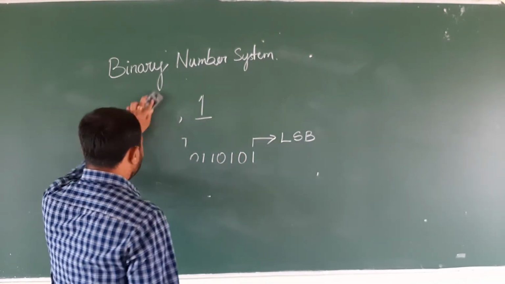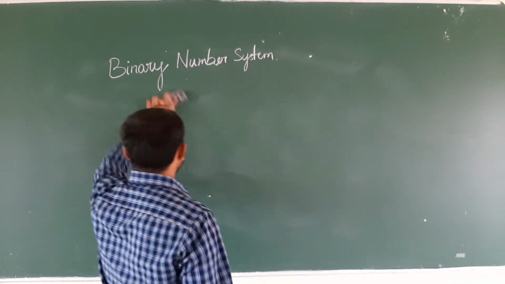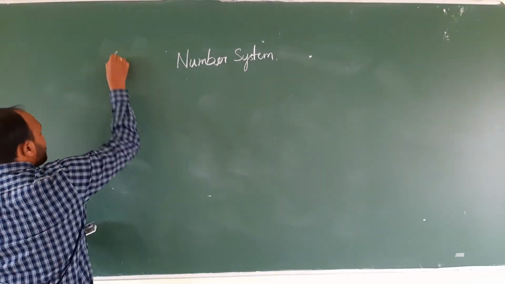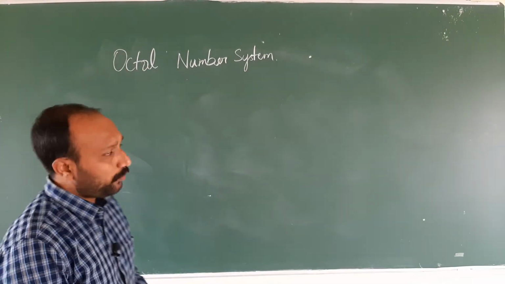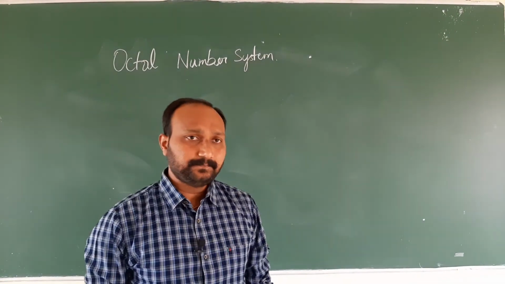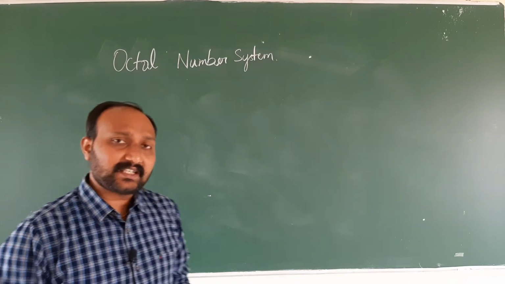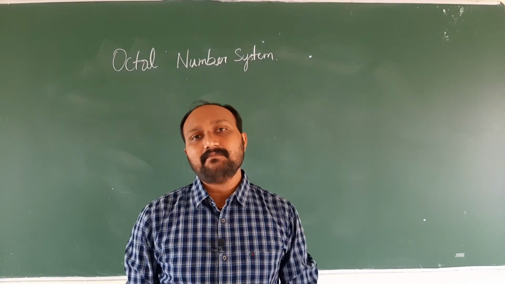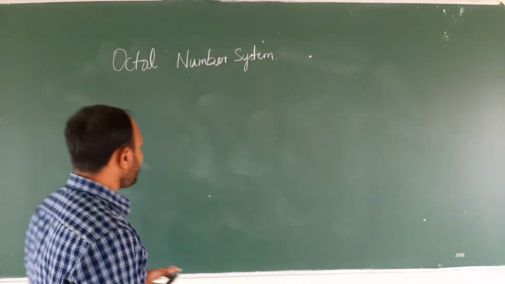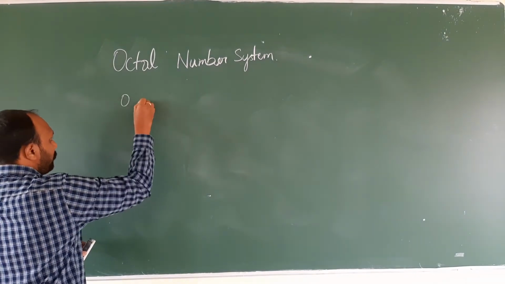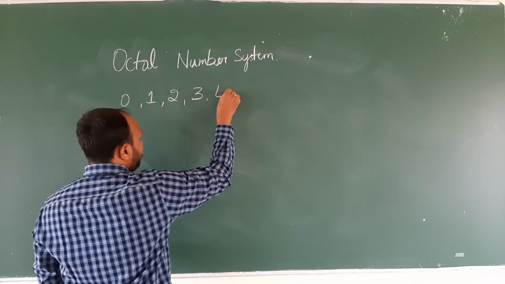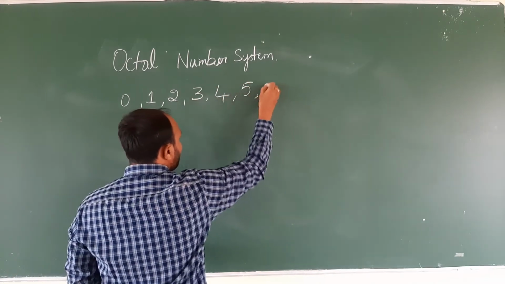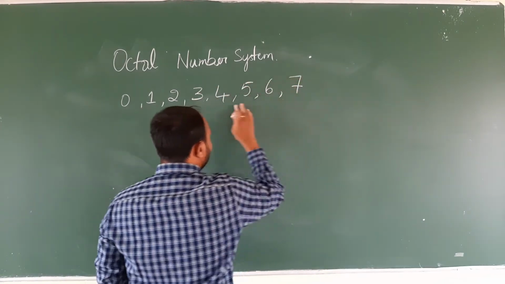Next, the third type of number system is the octal number system. What is the octal number system? A number system which employs 8 different symbols. What are those 8 symbols? 0, 1, 2, 3, 4, 5, 6, 7.